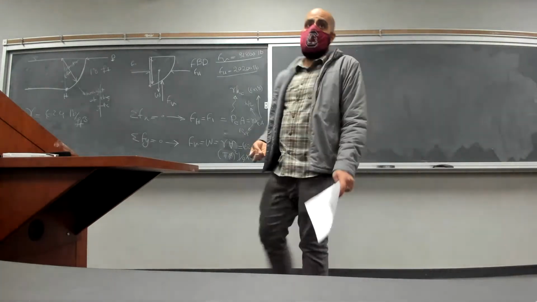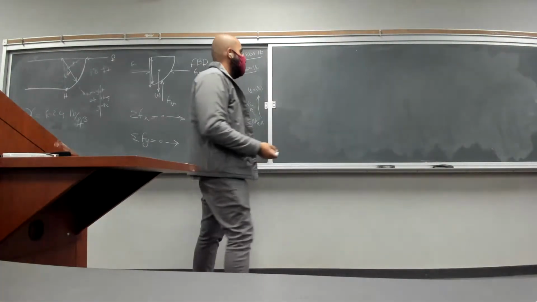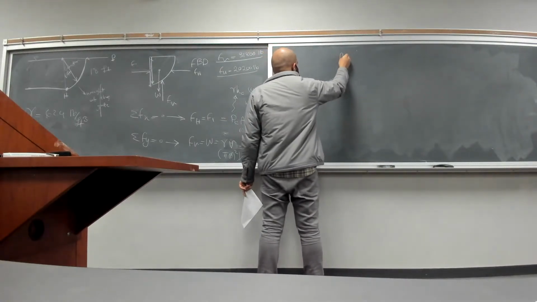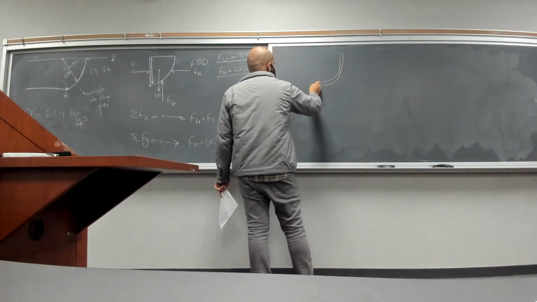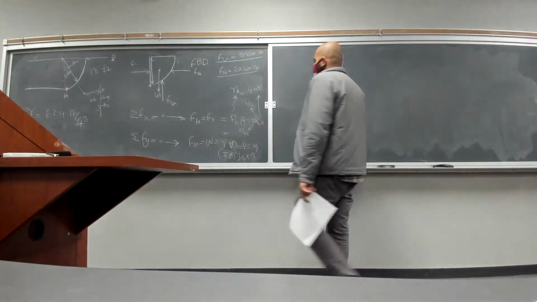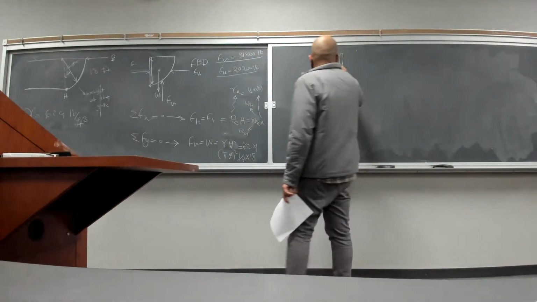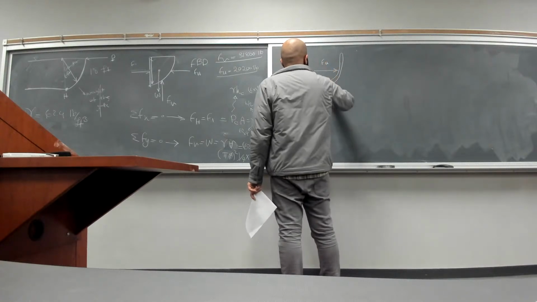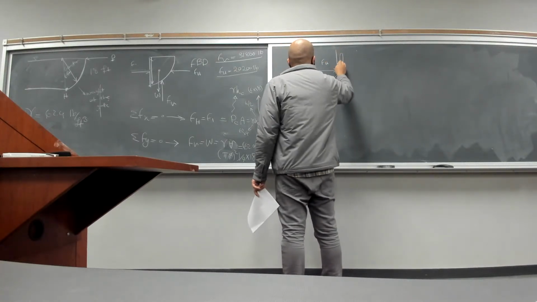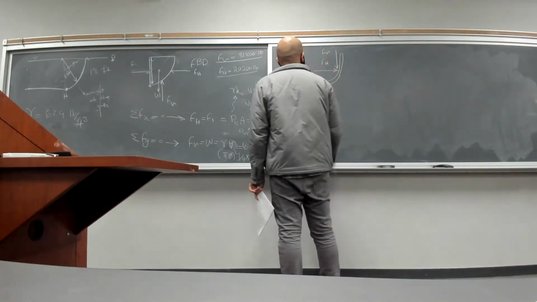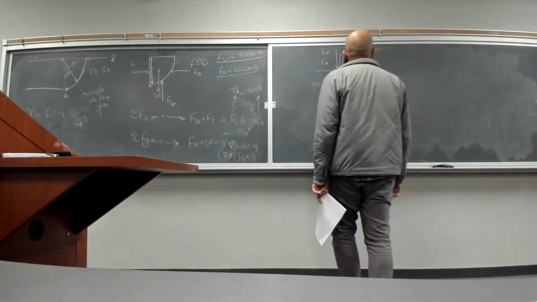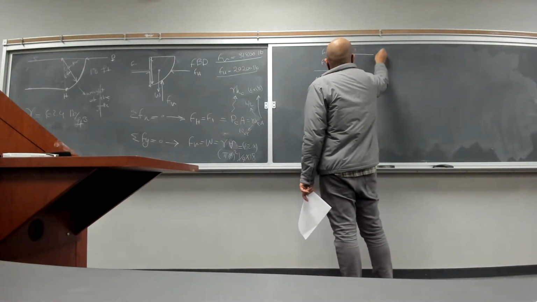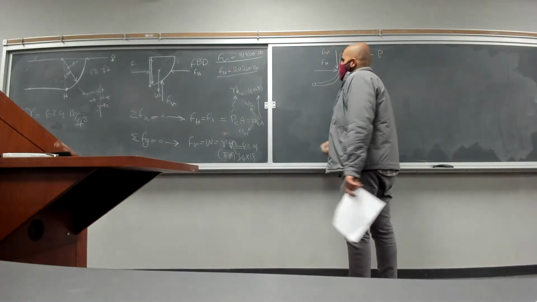So let's draw the free body diagram of the gate this time. Not of that body of water, but the gate, right? We have a horizontal force in this direction, and a vertical force in this direction, and a pressure force in this direction.